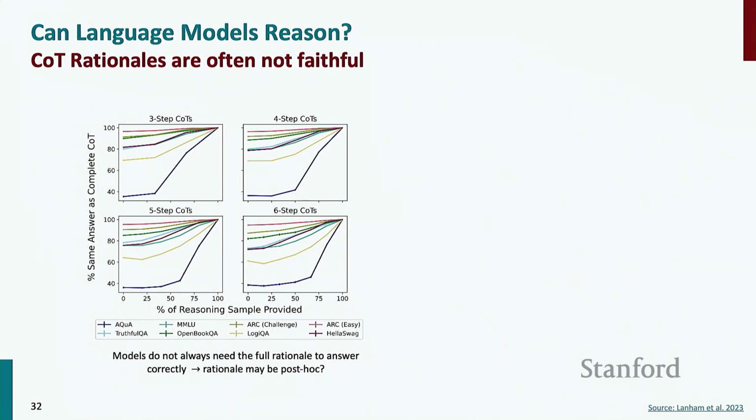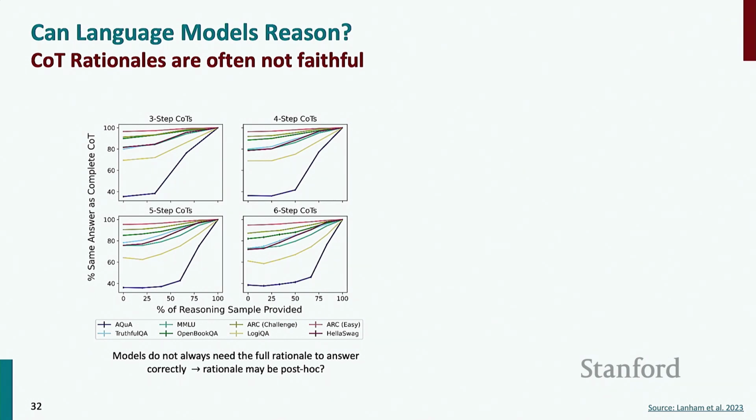And so what we see in this plot is a very careful experiment where on the x-axis, we have the number of reasoning samples. So the setup is something like this. For every question, the model produces a rationale. And a rationale here is multiple sentences.